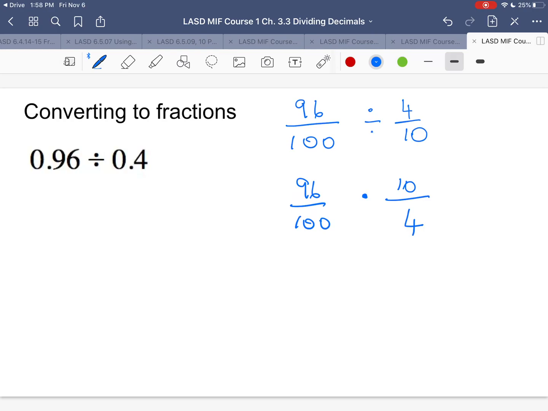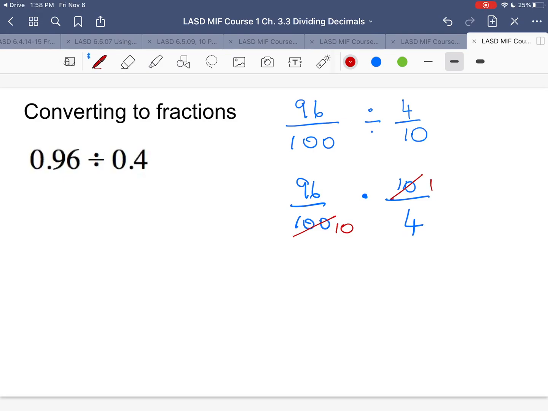So 10 in the dividend and 100 in the divisor, I can cross cancel there. Their greatest common factor is 10. So 10 divided by 10 is 1, and 100 divided by 10 is 10. And that leaves me with 96 over 40.